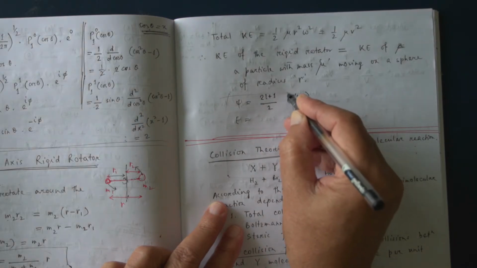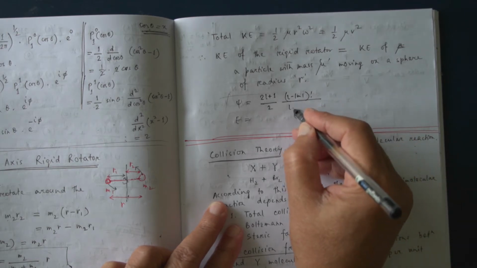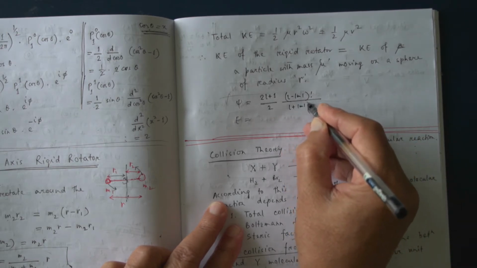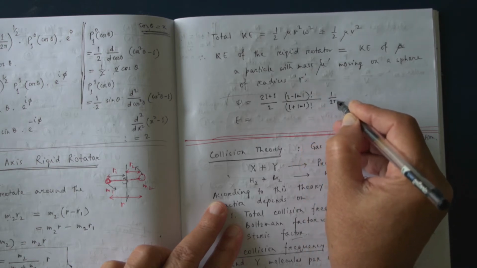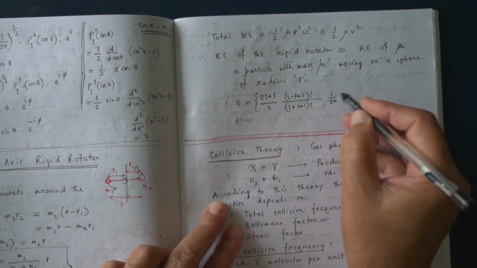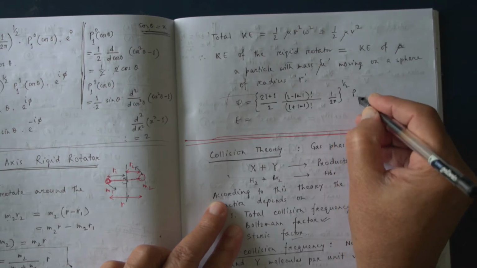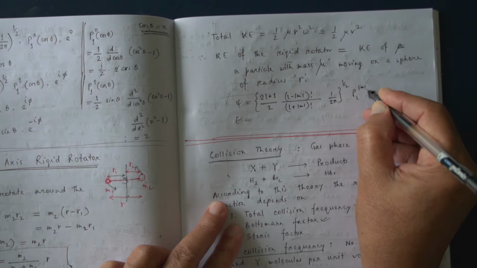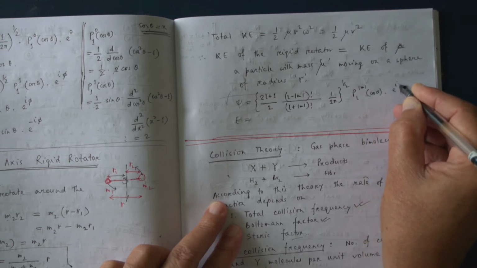The wave function and energy of the free axis rigid rotor are exactly the same as those of the particle on a sphere: P L M cos theta times e to the power i m phi.